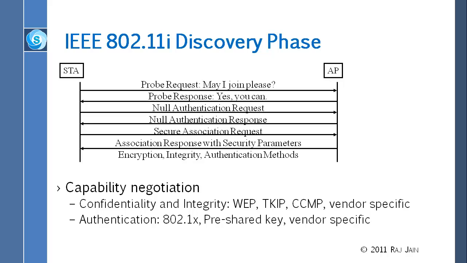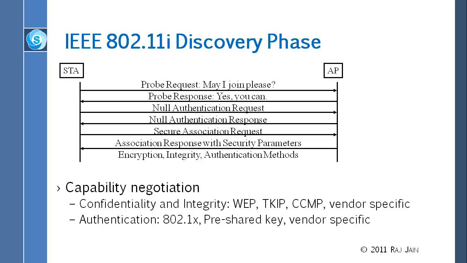So the initial list will come from the station, and the server will say, sorry, I cannot accept WEP. Right? Send me a WPA request. And the station will not be allowed to join unless it says WPA. So basically it will take the minimum that is allowed by the manager, by the administrator.